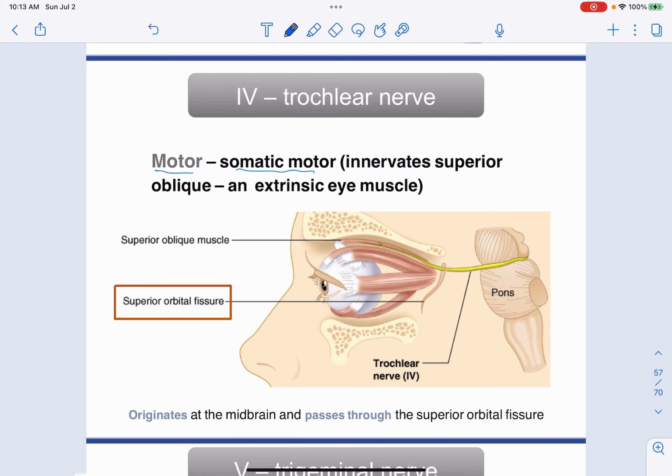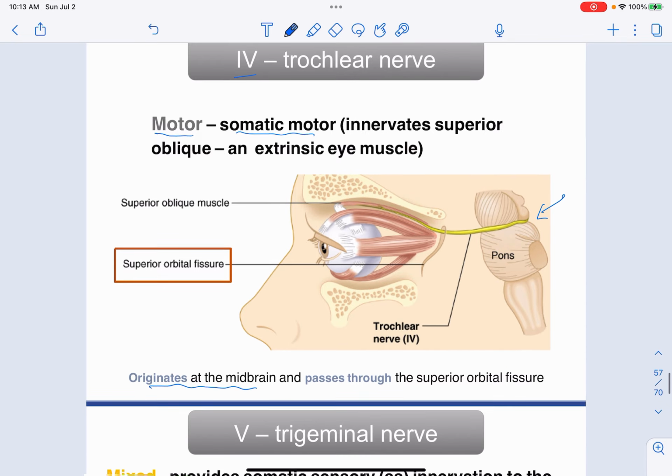It's also going to originate in that midbrain area. You can see that here. And it too passes through the superior orbital fissure. So that is the trochlear nerve. That is cranial nerve number 4. And you can see the Roman numeral there.